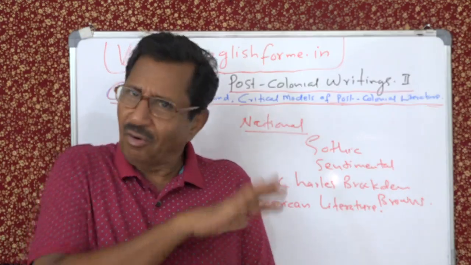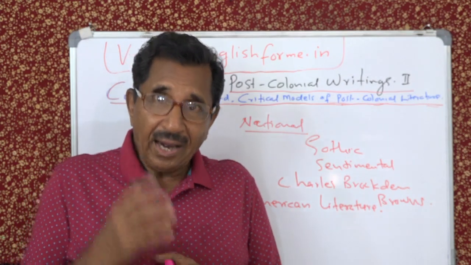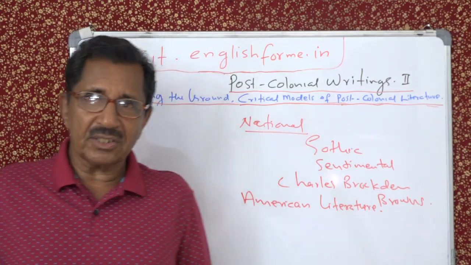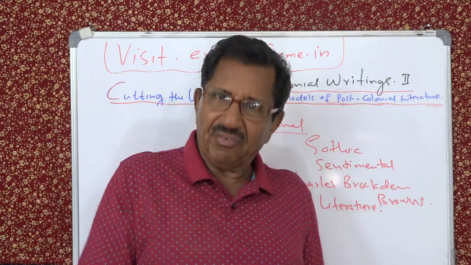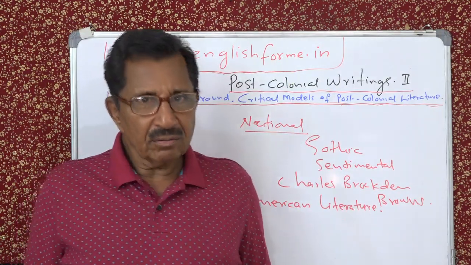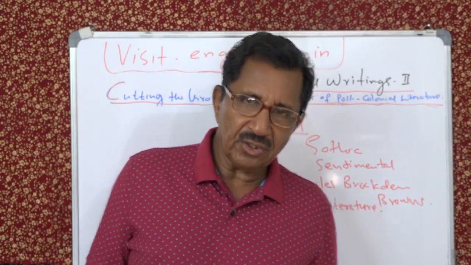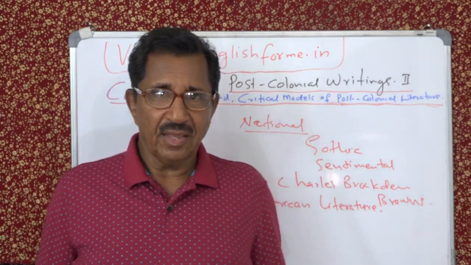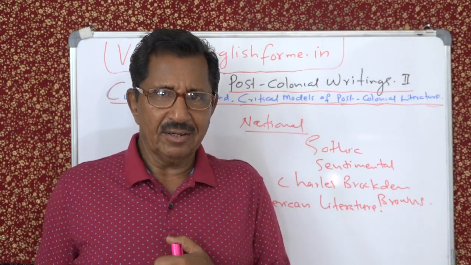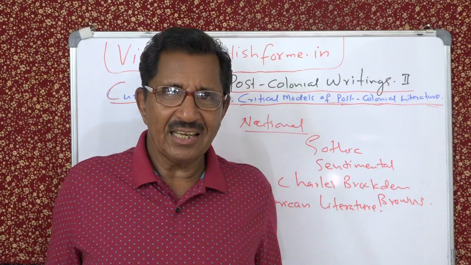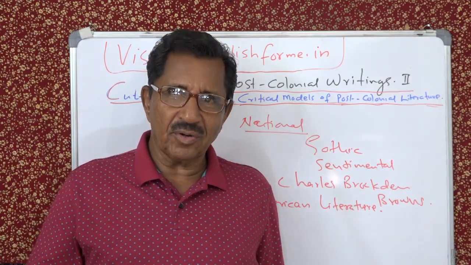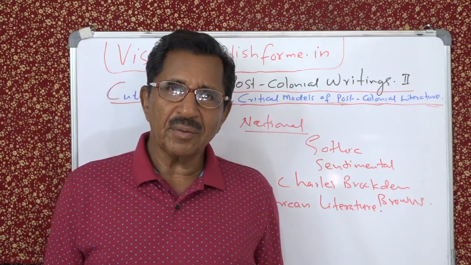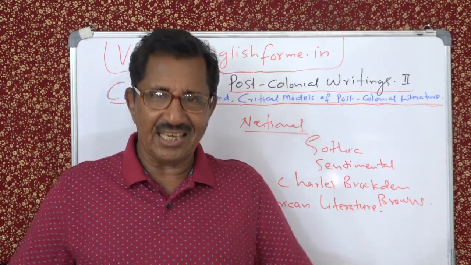If this is the model for all the other literatures, and if American literature had not developed into a self-constituting entity with a specific difference, through a process of self-apprehension, had not cut the umbilical cord and become a separate entity, then the analysis and examination of post-colonial literatures would have been very difficult. Now things have become very easy because of that.